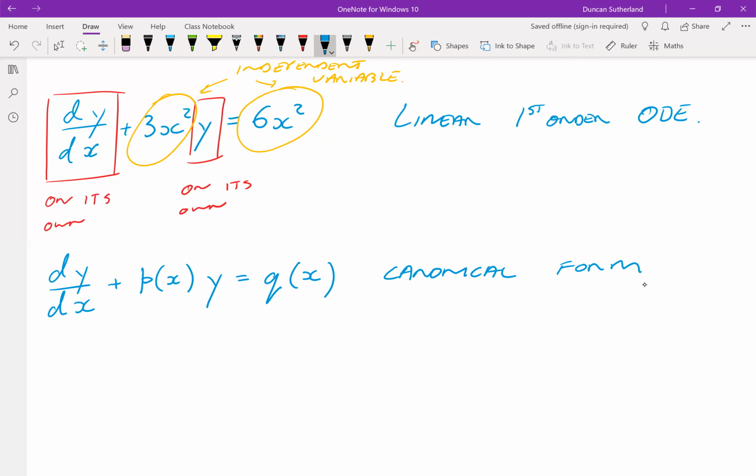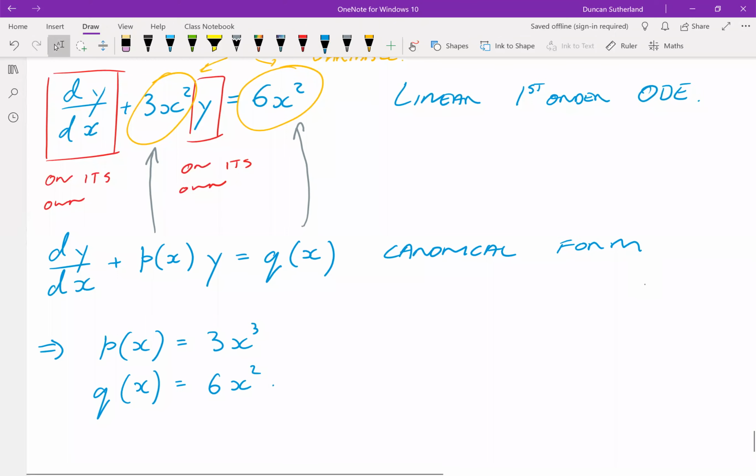And the reason we like to write things in canonical form is so we can identify p, which is this function here, and q, which is this function there. So for our example, we note that p of x equals 3x cubed, and q of x equals 6x squared.